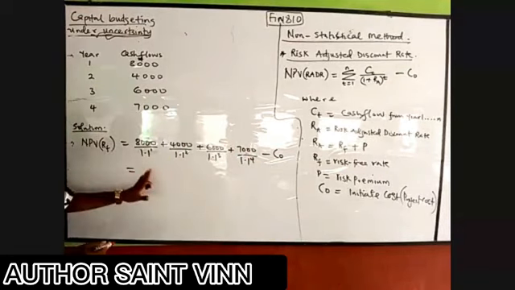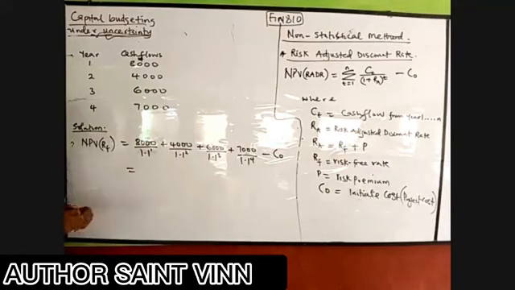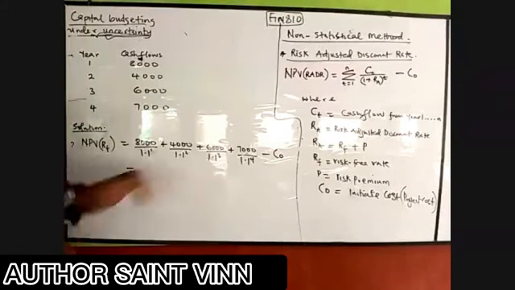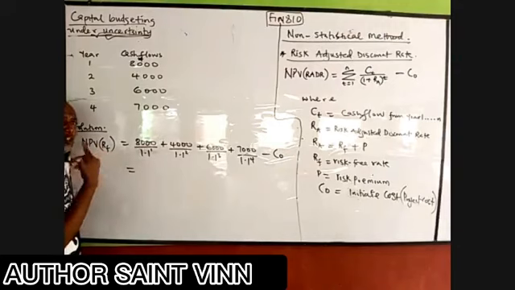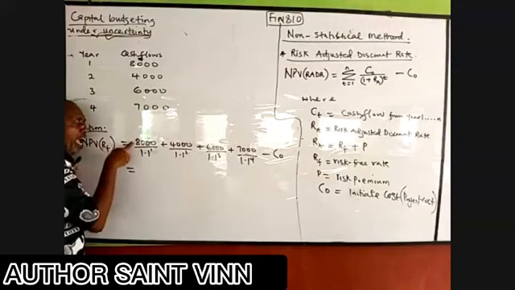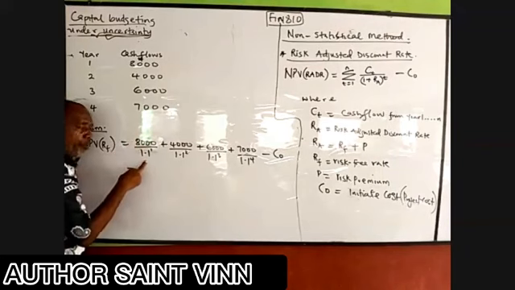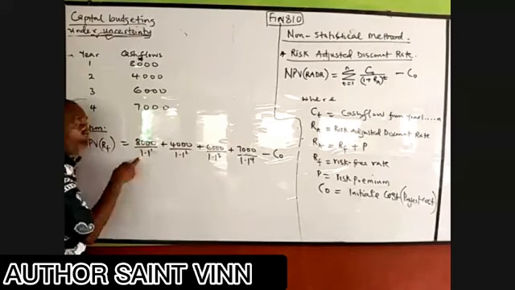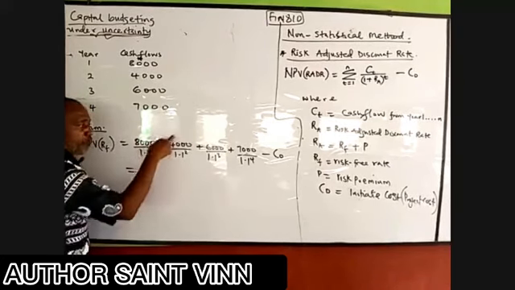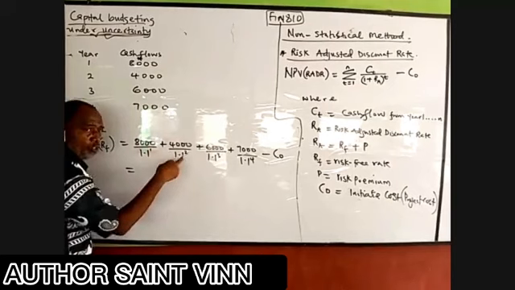Like this method, this one is so easy. I don't even need stress. I just use my calculator, run it, and the answer will just come. Whichever method you like is fine. You can write 8,000 over 1.1, plus 4,000 over 1.1 raised to power 2.